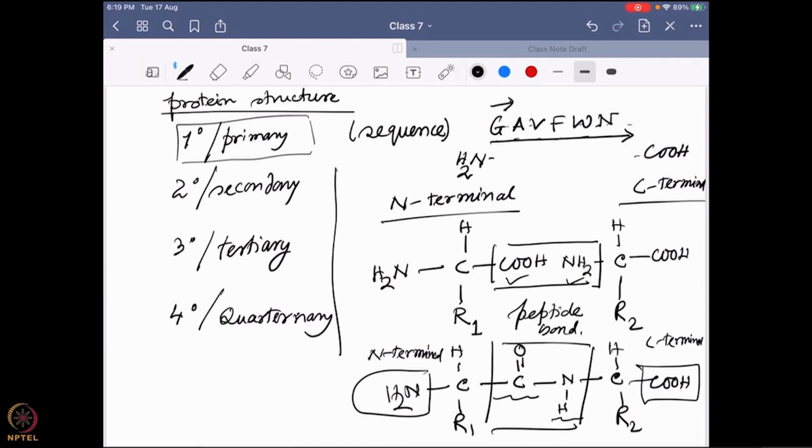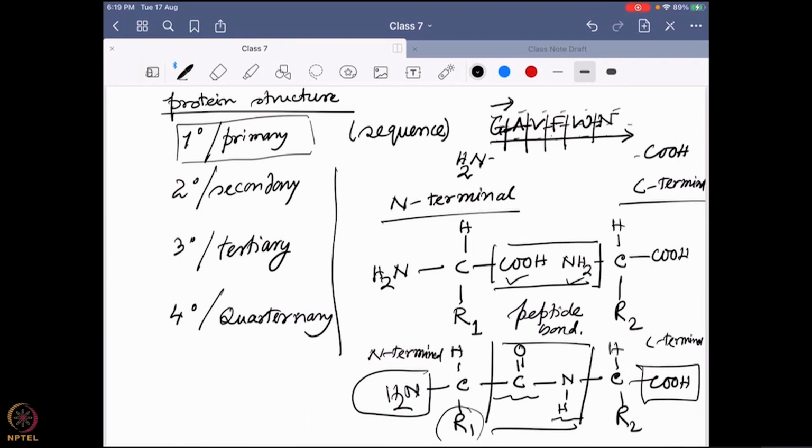And when I draw such a sequence of G, A, V, W, N, whatever, in between each of them you have an amide bond. So if there is a sequence of 1, 2, 3, 4, 5, 6 amino acids, you are going to have 6 different amino acids connected through 5 different amide bonds.